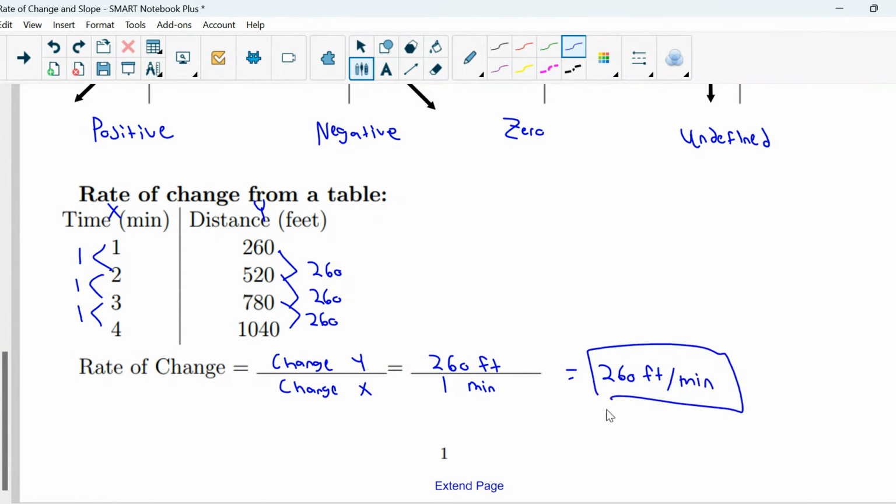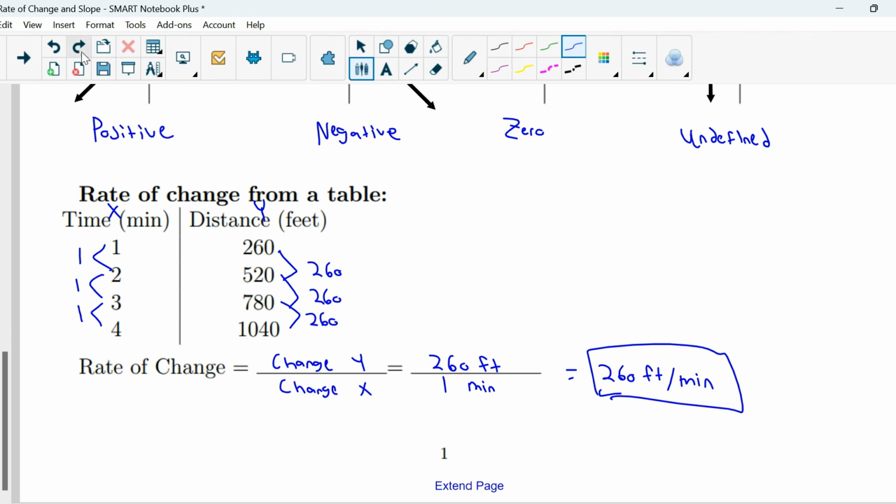And that right there is the rate of change or slope of this situation, which if we wanted to look at it visually, we could graph this as well. That is very possible. Okay, so really, especially when we have a linear function, you can write your rate of change directly from a table, just like this. Okay, pretty straightforward.